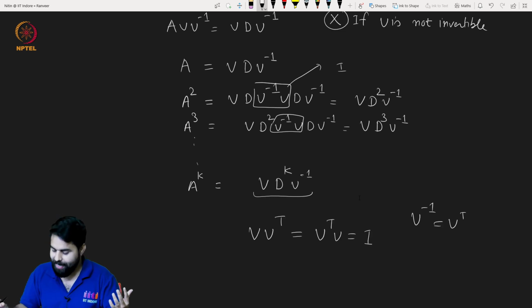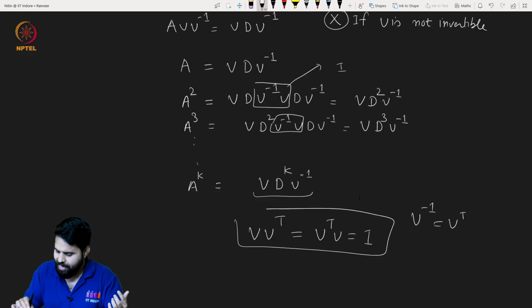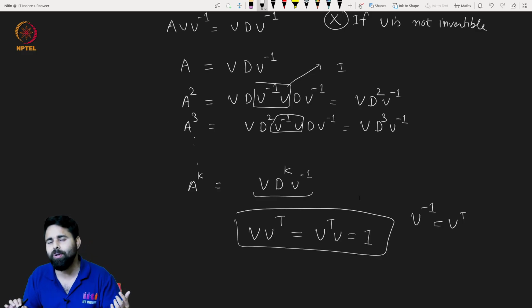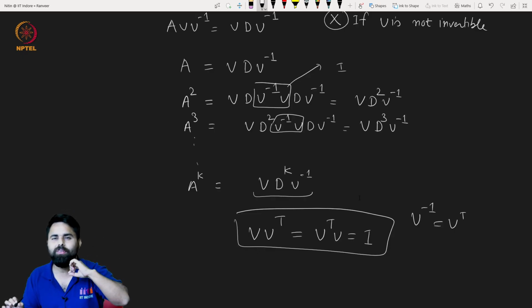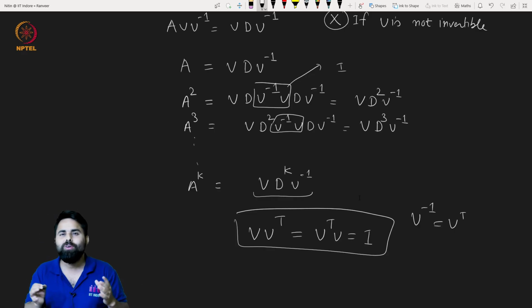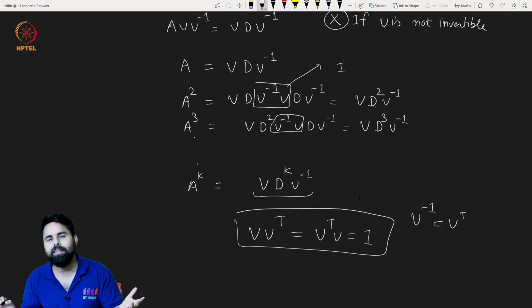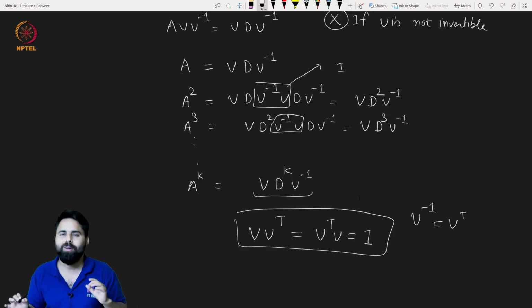But for what kind of matrix can this happen? Remember, V transpose V equal to I means that every column of V is orthogonal to the others, and not only orthogonal, their norm is also one, so they are orthonormal to each other.